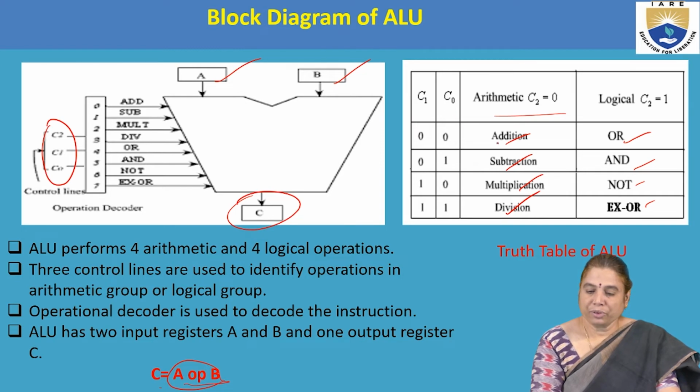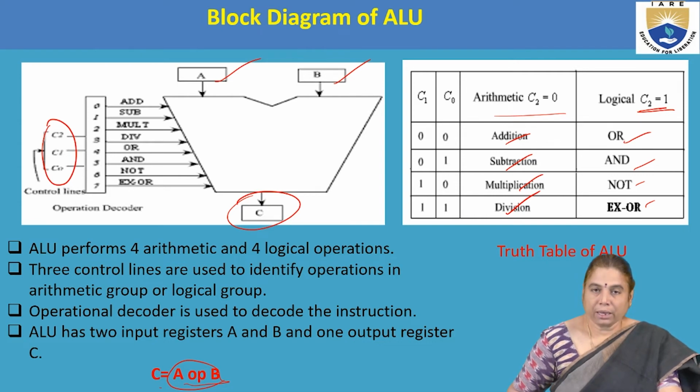If it is 0, 0, addition is performed; 0, 1, subtraction; 1, 0, multiplication; 1, 1, division. In case C2 is equal to 1, logical operations are performed. If C1, C0 is 0, 0, OR operation; 0, 1, AND operation; 1, 0, NOT operation; 1, 1, exclusive OR operation. In this way, the basic computer organization can execute the instructions.